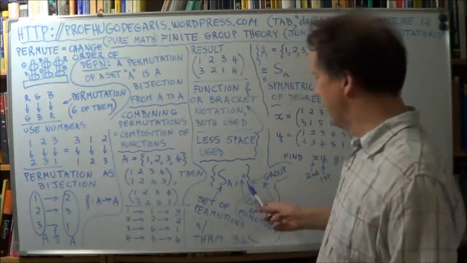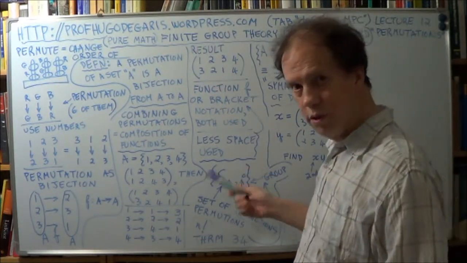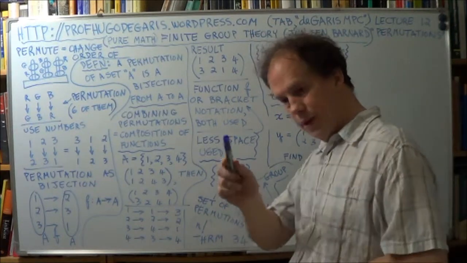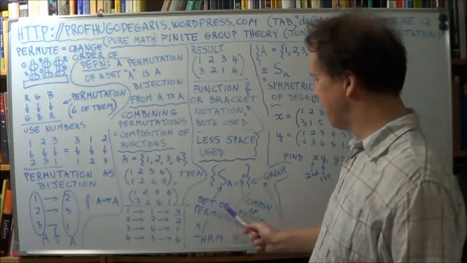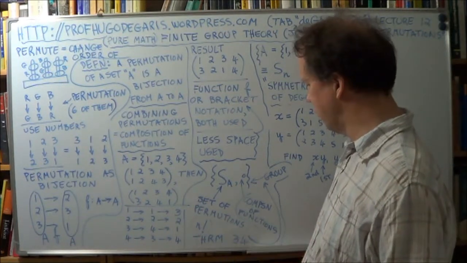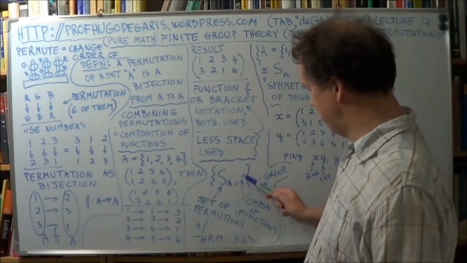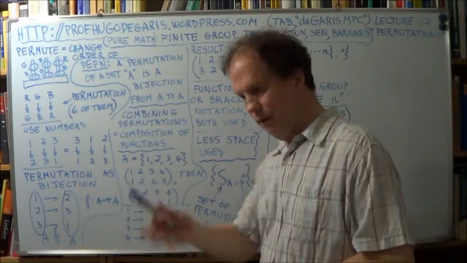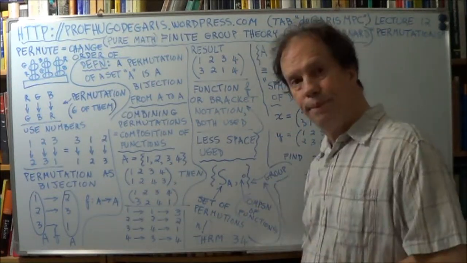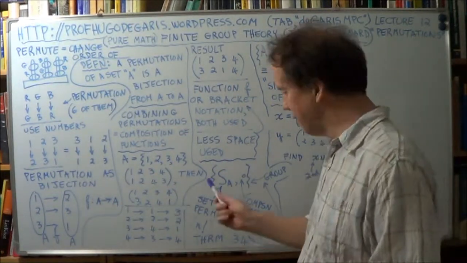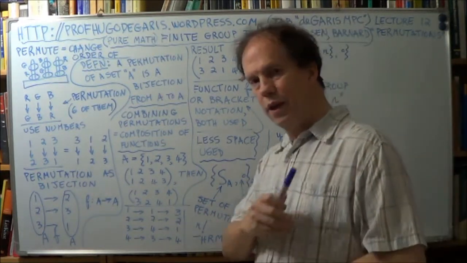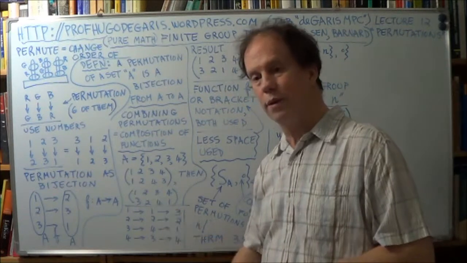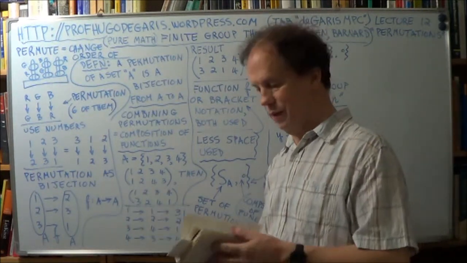So this duo, because remember a group is always a set and a binary operator, you need both. This set of all permutations, n factorial of them, and the binary operator is just followed by. That is a group. So we can talk about the group of permutations.